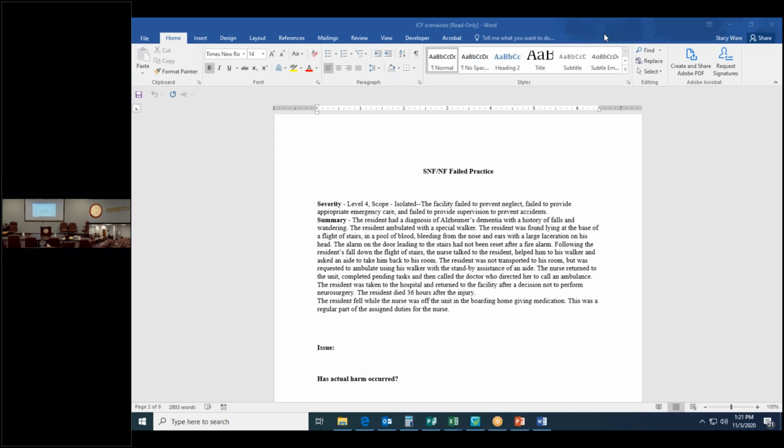Sometimes we have to show them their space or their personal items, getting them back to the reality of where they are, because sometimes they think that's not where they live or that's not their room. So we have to be cautious of those things and put plans in place to prevent them, especially in the event of a fire drill.